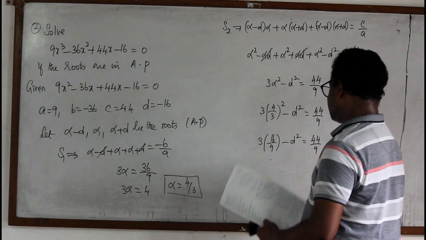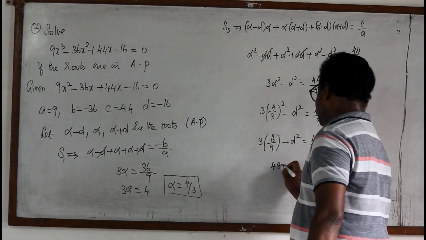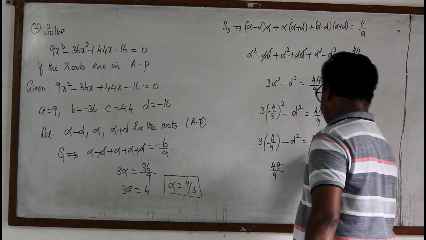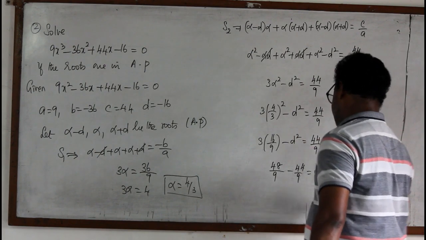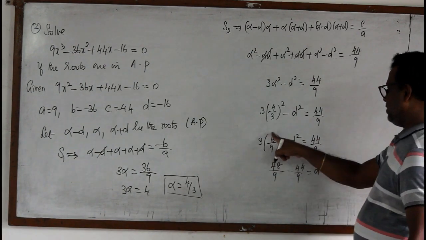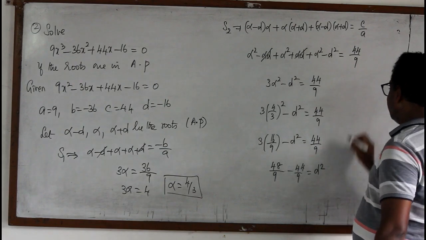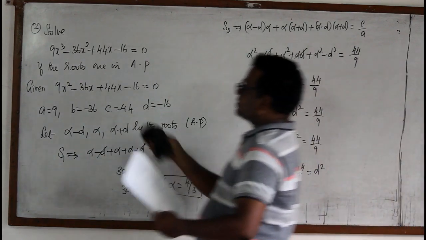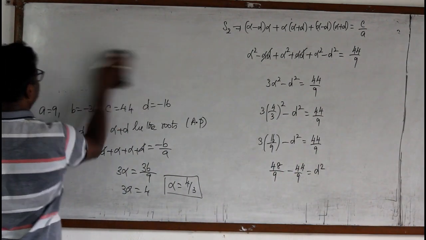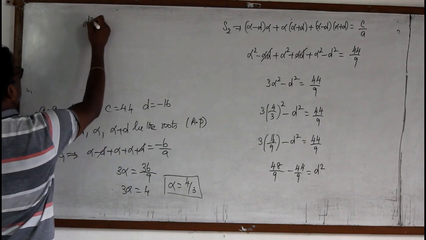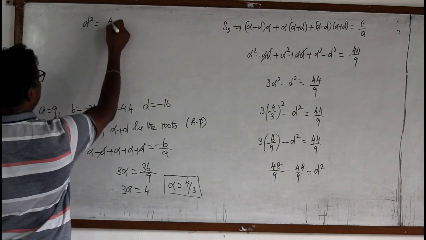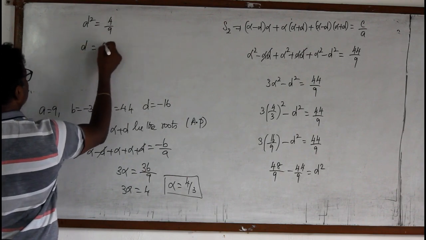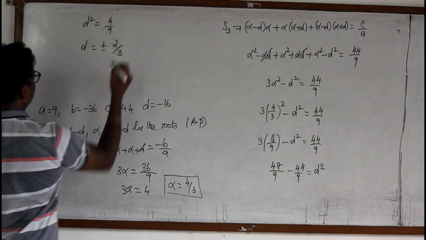We should have this 16 by 3 as 48 by 9 minus 44 by 9 equal to d square. Therefore, now d square becomes 48 minus 44 is 4 by 9. So d is plus or minus 2 by 3.